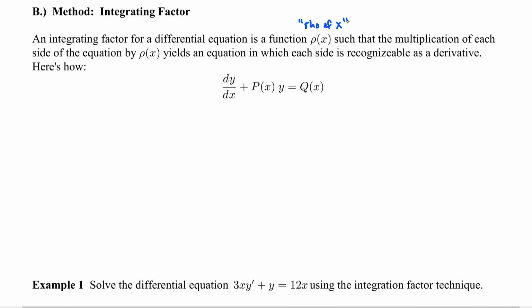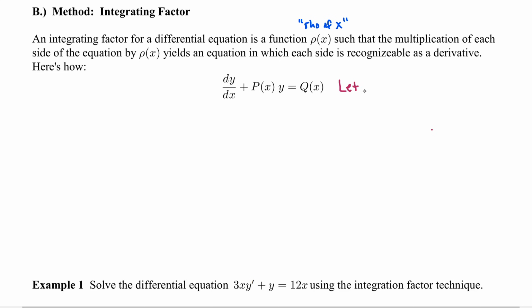So here's how. The first thing that's really important to this method is that we match our particular equation to this format. That is dy over dx plus a function of x times dependent variable y equals a function of x. When the equation is in this form, then our integrating factor will always follow the same predictable pattern.